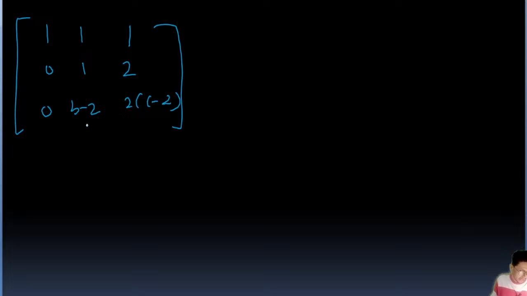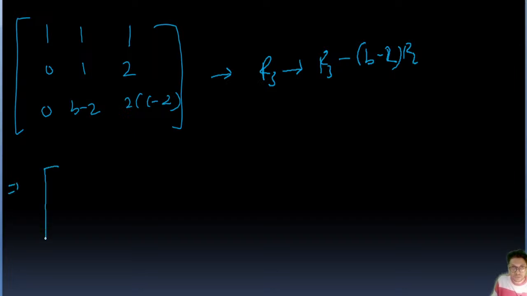Okay, and then again, now we can see this one, right? Now again we'll do one operation, that is R3 tends to R3 minus B minus 1 times R2. Okay, if we do this operation, very simple, we have already done this operation in the determinant chapter in 11th and 12th, right?